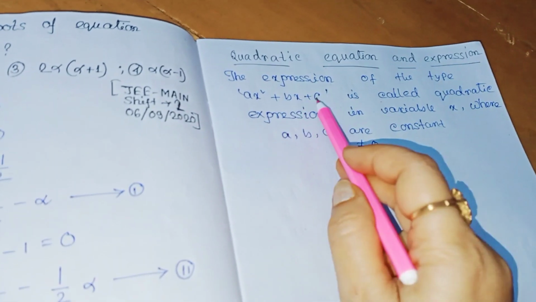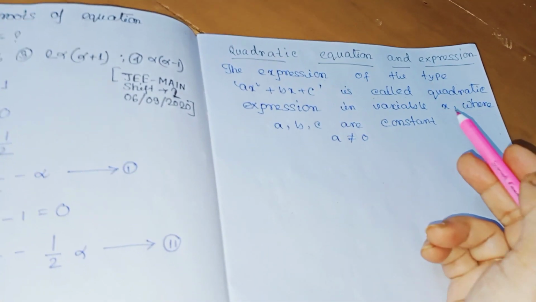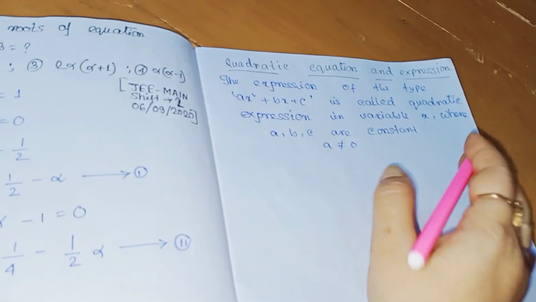When this quadratic expression is equal to 0, we may say it is a quadratic equation.